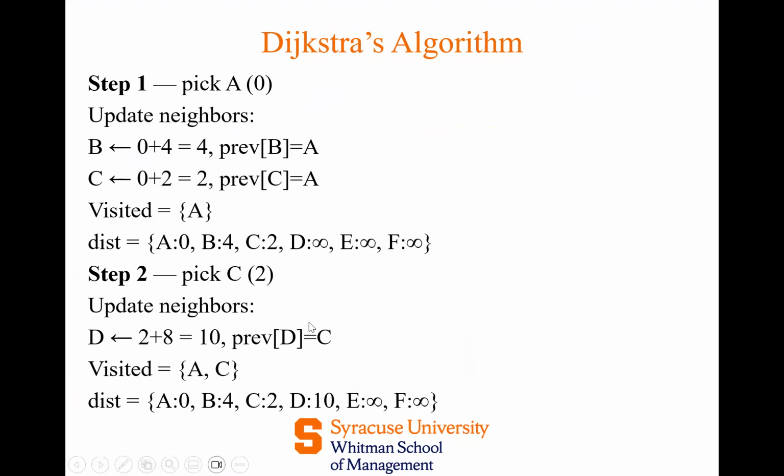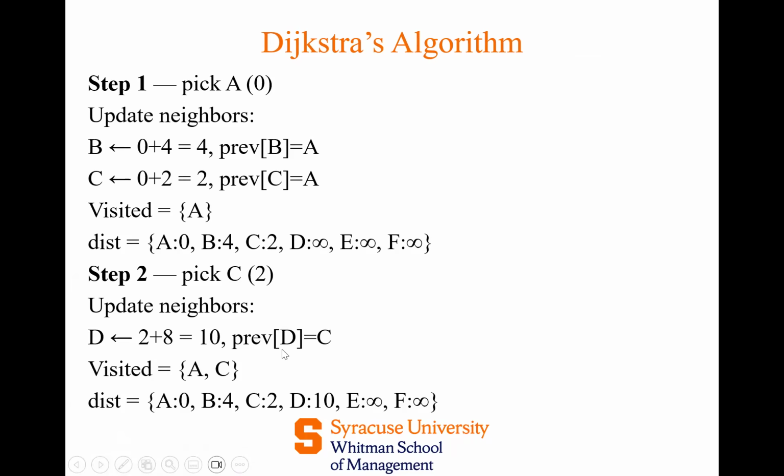Since we picked C, we can update the neighbor D by the total cost of C, which is 2, plus the additional cost of the edge from C to D, which is 8. 2 plus 8 is 10.